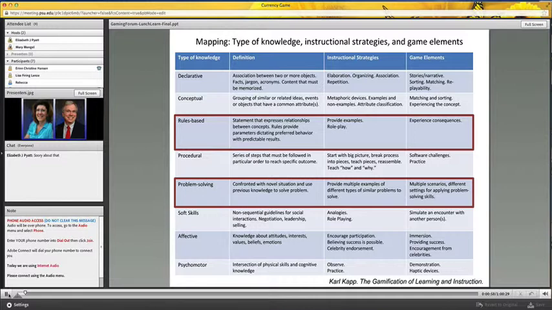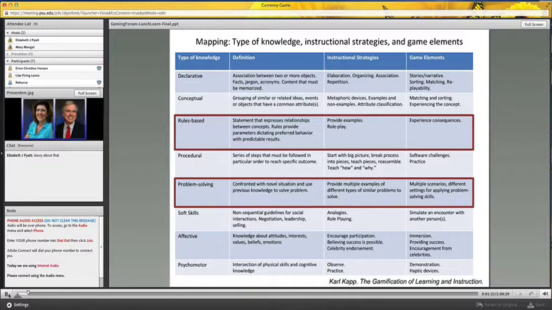And you'll see, if you're able to see the chart here, the instructional strategies recommended for rules-based and problem-solving knowledge include providing examples, role-playing, providing multiple scenarios and different examples of problems to solve. So a game is really an excellent match for these instructional strategies.